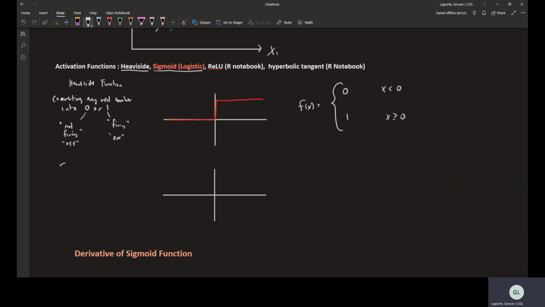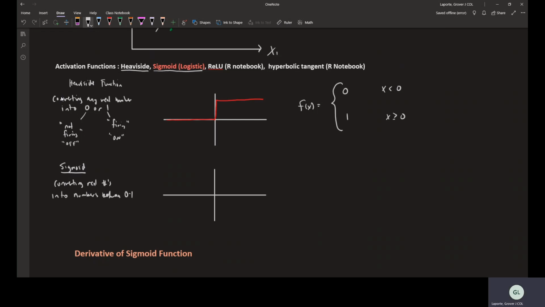So the sigmoid function, what is it doing? What makes it a little bit better, if you will, is now we're converting real numbers into numbers between 0 and 1.